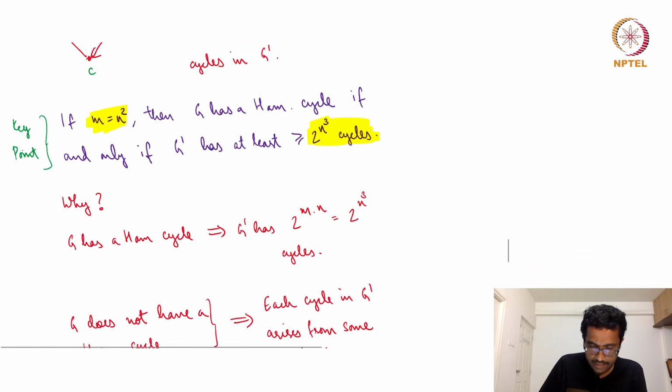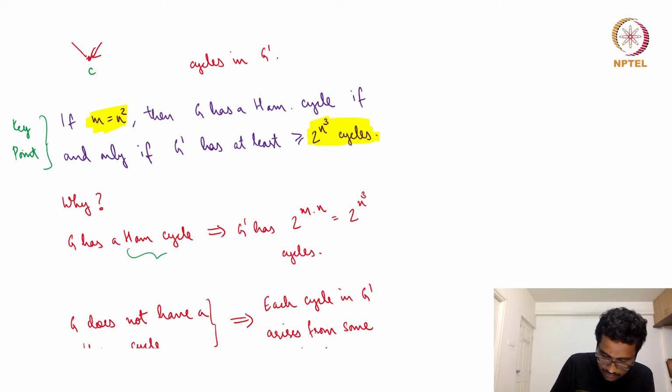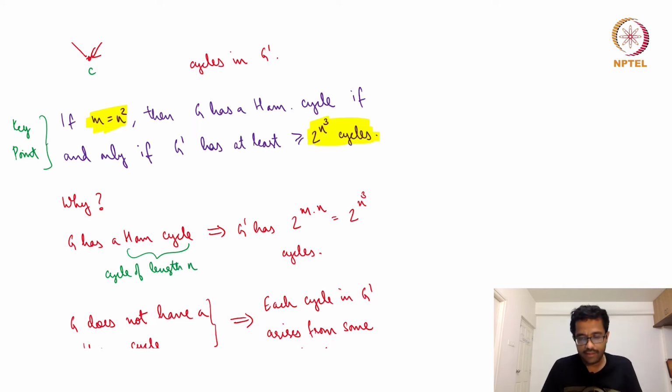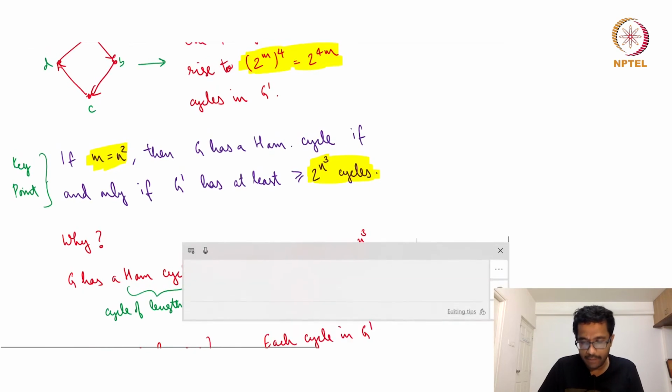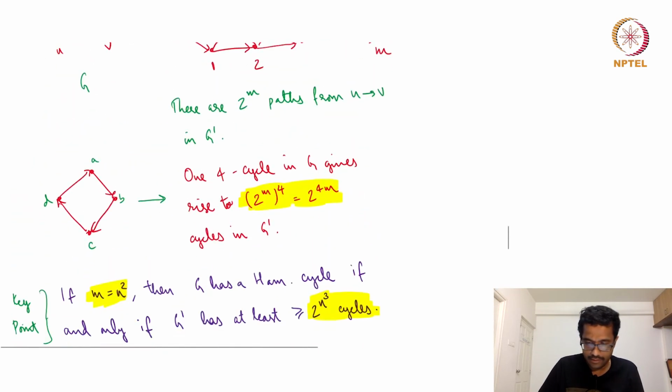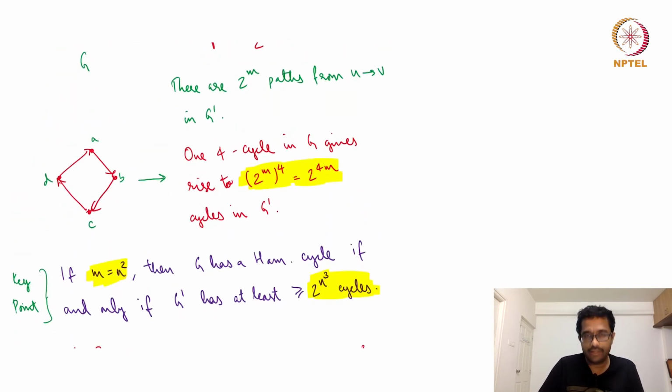So one direction is really easy. Suppose G has a Hamiltonian cycle, right? That means it's a cycle of length n. Now G prime has 2 power m multiplied by n cycles, the same thing as 2 power 4m that we did above.